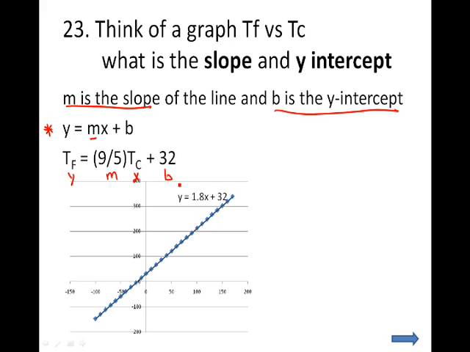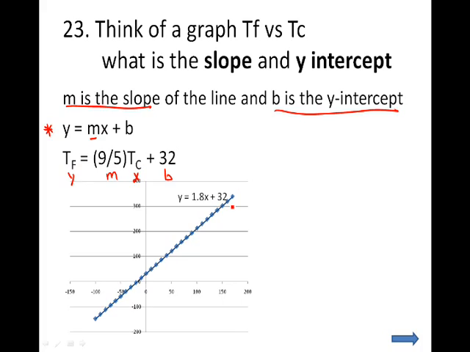Maybe some of you did this same process, generated some temperatures, formed a graph, and here we see y equals 1.8, that's the same as 9/5, x plus 32. So as you're working on AP chemistry problems, you want to be looking for these kind of relationships that deal with slope and y-intercept in a line equation.